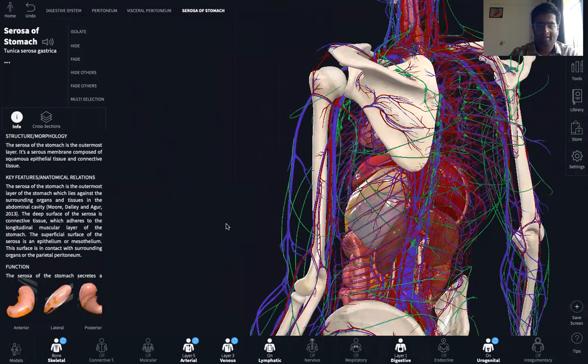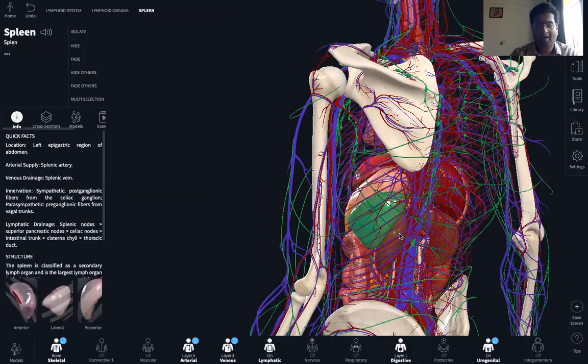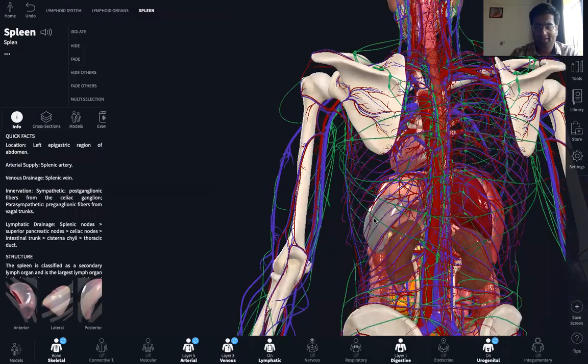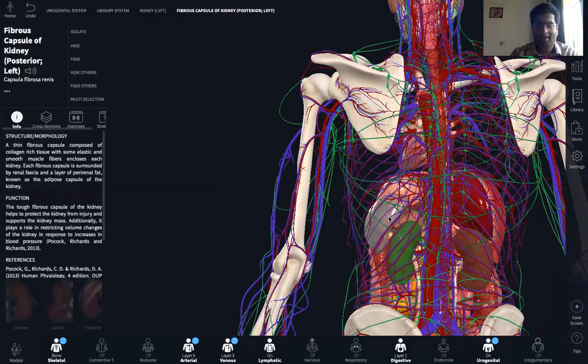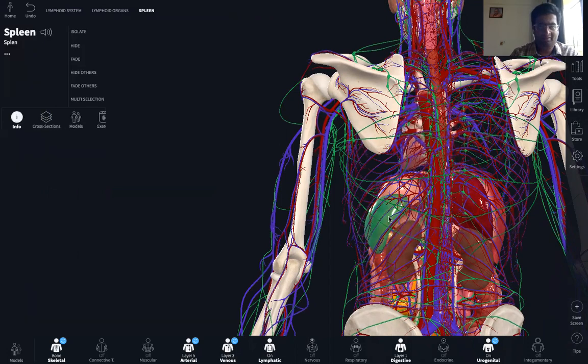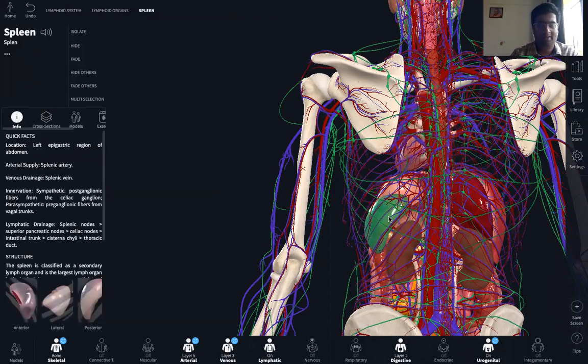The spleen is a fist-sized organ that is located right behind the stomach and above the left kidney. So you can see here, this is the left kidney that I'm now highlighting on your screen. And just above that is the spleen. That's the organ that we are talking about, the main organ of the lymphatic system.